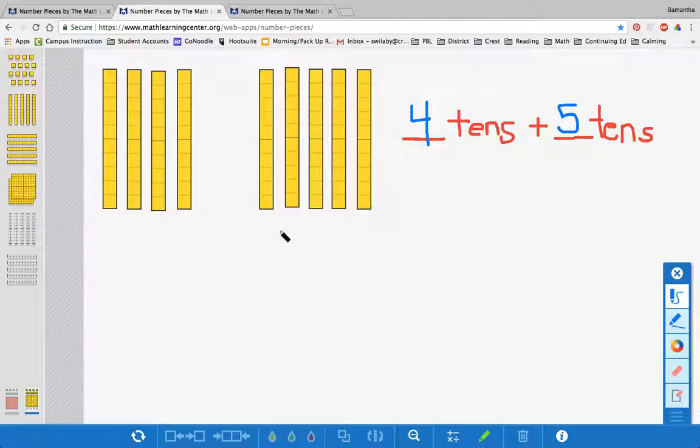So I'm trying to see how many tens I have all together, or how many is represented all together with these base 10 blocks here. I have 4 tens plus 5 tens. Well, if I know that 4 plus 5 is 9, then I know that 4 tens plus 5 tens is going to be 9 tens.